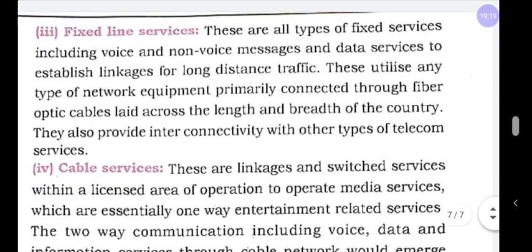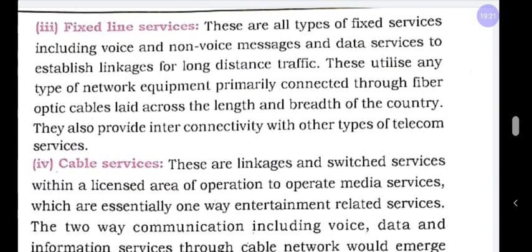And next we have fixed line services. Fixed line services means they provide the services through the line. These services include voice and non-voice message, and also data services. It gives the distance of the traffic.